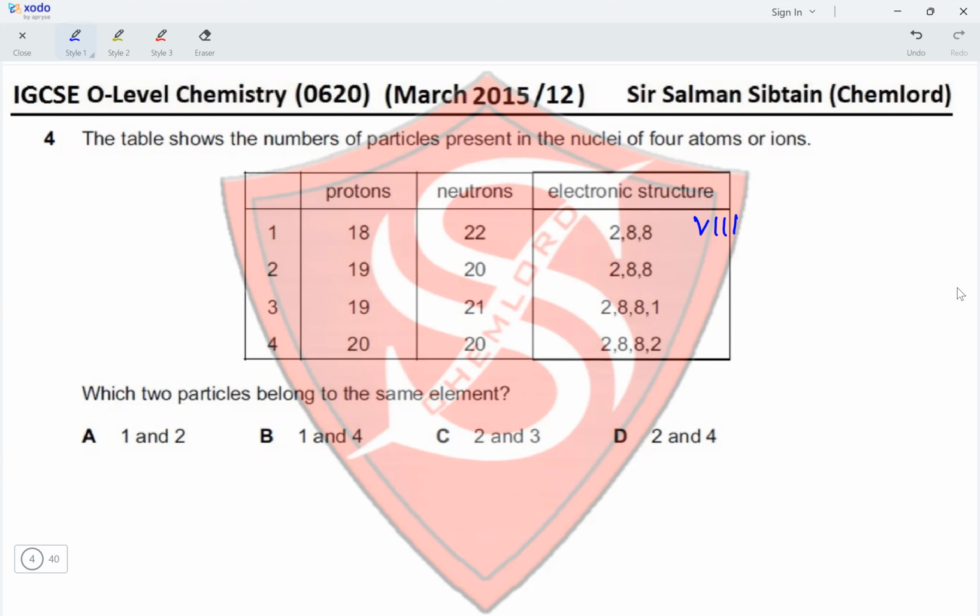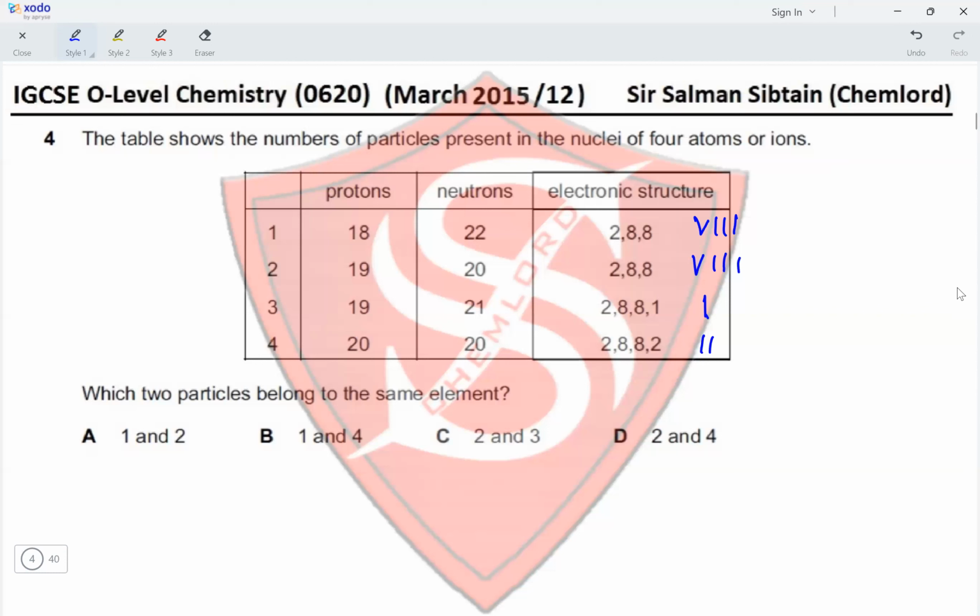Particle 2 has 19 protons, 20 neutrons, and is also a noble gas because its electronic structure is 2,8,8. The next one has 19 protons, 21 neutrons, and an electronic structure of 2,8,8,1, making it an element from group 1. And the last one has 20 protons, 20 neutrons, and an electronic structure of 2,8,8,2, making it an element from group 2.